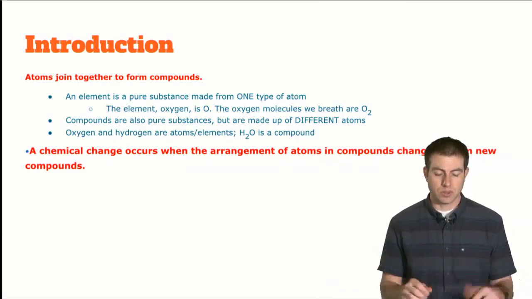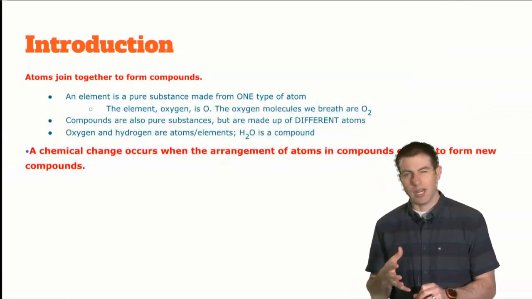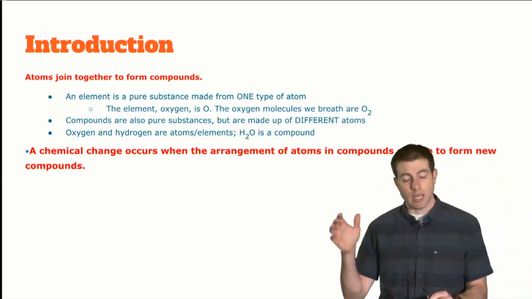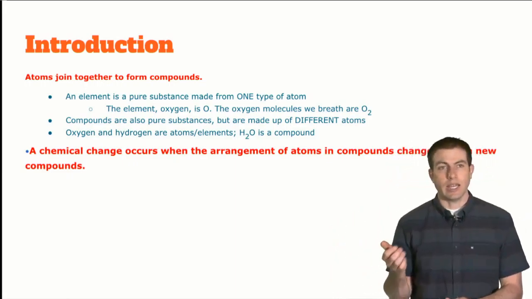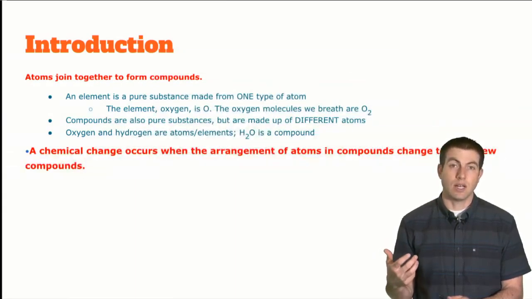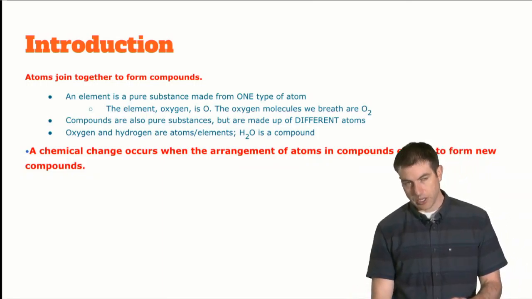That can produce a compound, which is also a pure substance. You spent a lot of time in grade 8 talking about the difference between a chemical change and a physical change. And the majority of the things we talk about in the chemistry unit will all be chemical changes. So there you go.